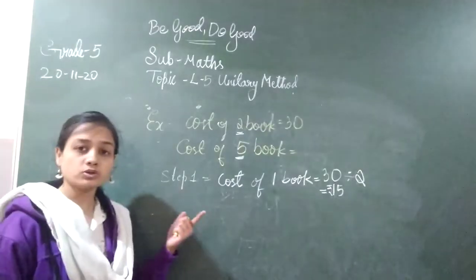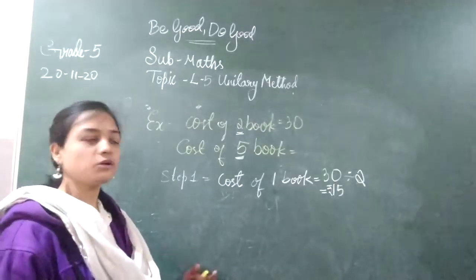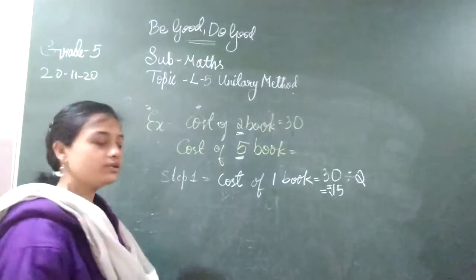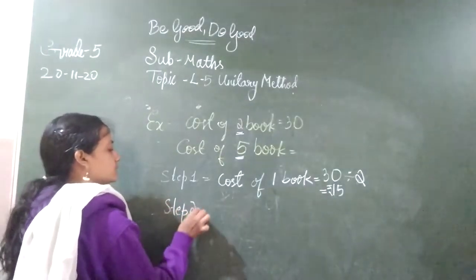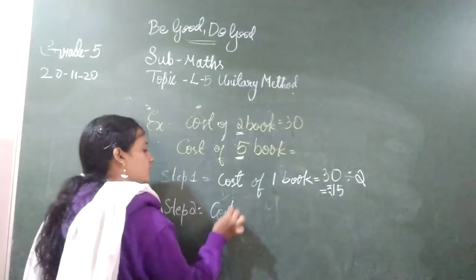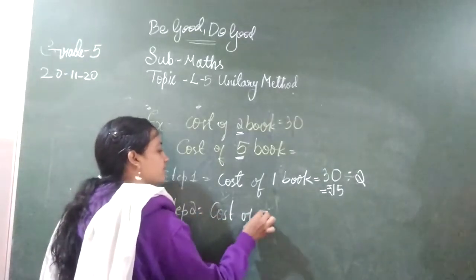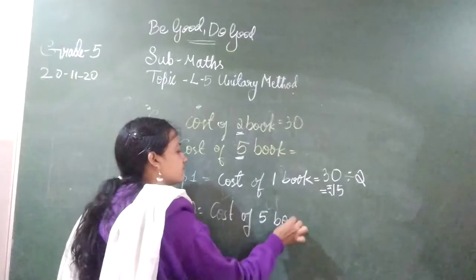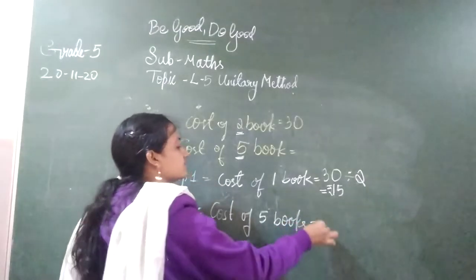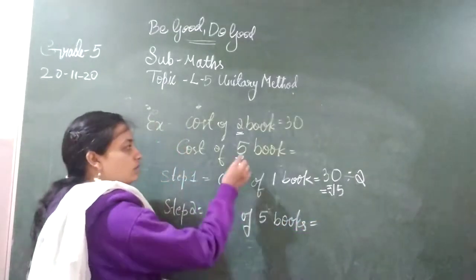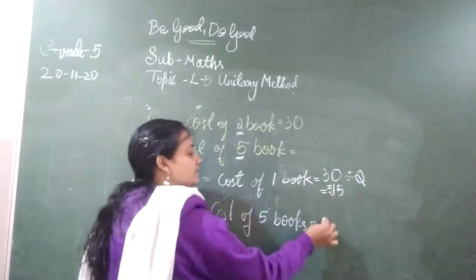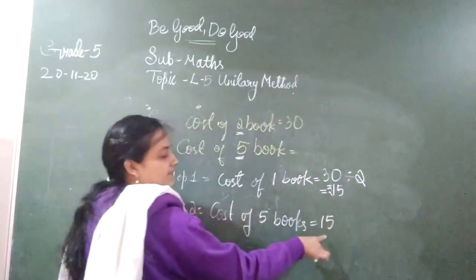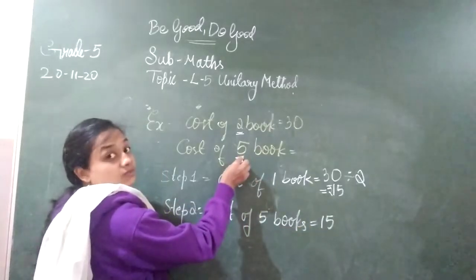Now as I know the cost of one book, I can easily find the cost of 5 books. How do I do that? So that we do in step 2. Cost of 5 books. So how do we find the cost of 5 books? We just multiply the answer, that is the cost of one object, with the number of objects we want.